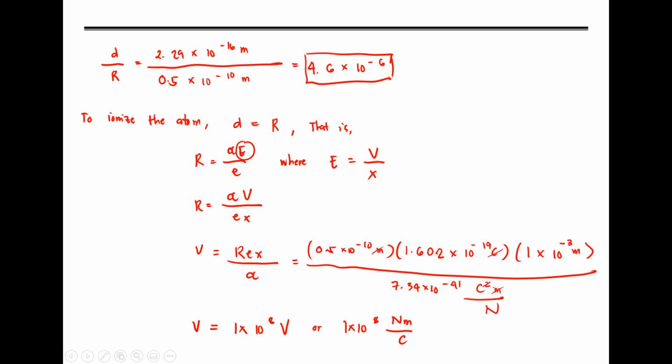Okay, so you have V is equal to 1 times 10 to the 8 volts, or 1 times 10 to the 8 Newton meter per coulomb, or 1 times 10 to the 8 joules per coulomb.